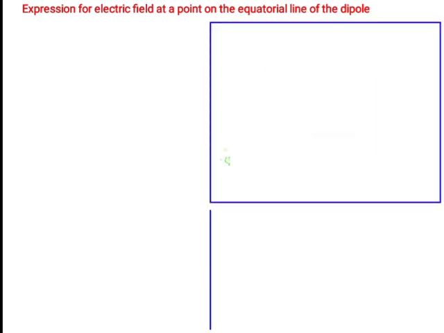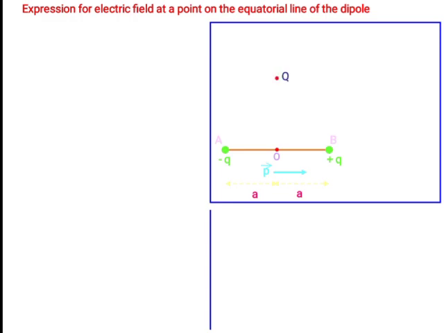Same diagram here. Consider the negative charge and positive charge, that is the dipole. AB is a dipole, O is the midpoint of the dipole, P is the dipole moment, and this is the direction of the dipole moment, because the dipole moment is always from negative charge to positive charge. A is the distance from O to A and from O to B. The total distance of AB is 2A.